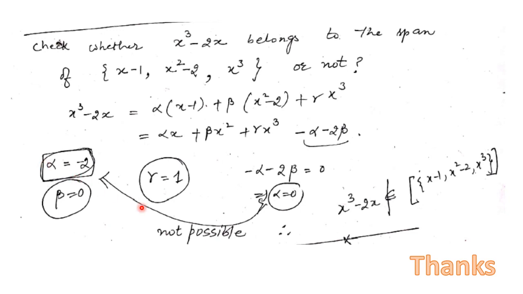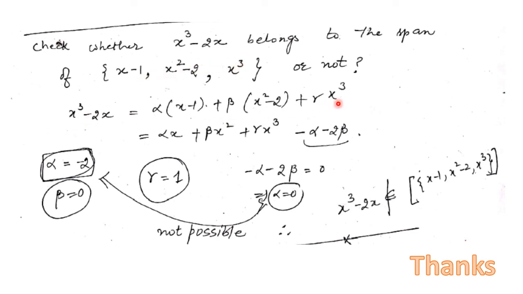Right? It means we cannot find alpha, beta, gamma in such a way that this can be written as the linear combination of these three. It means this does not belong to the span of this set. So once again, you are given this element. We have to check whether this element belongs to the span of this, meaning a linear combination of this, right?